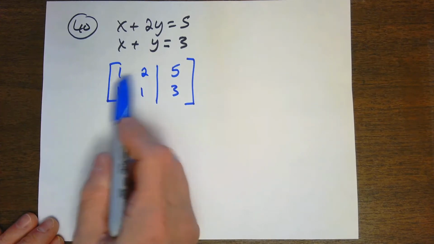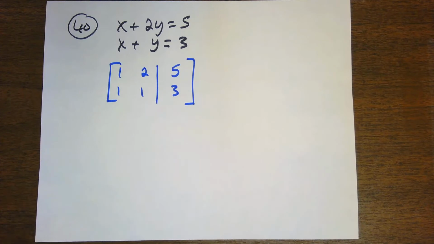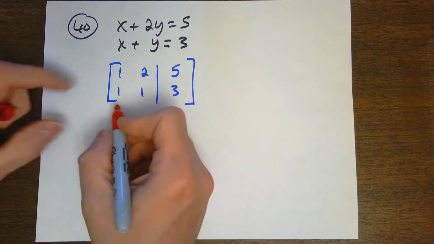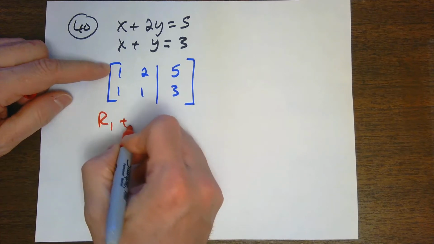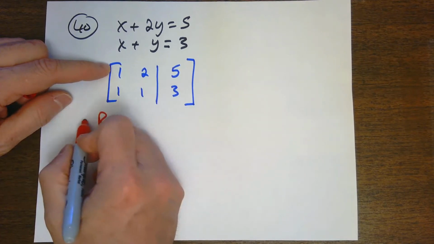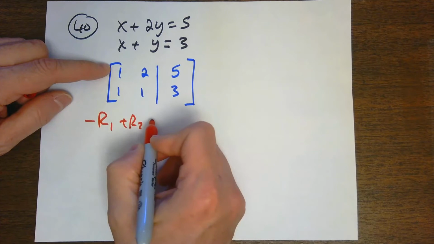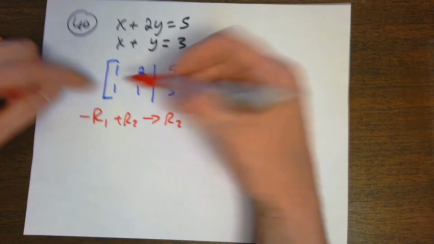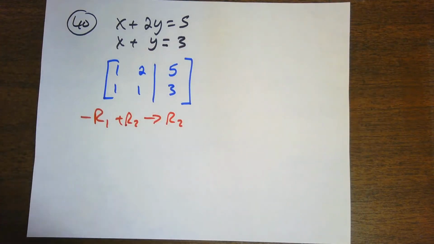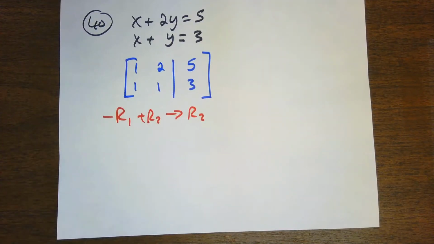And I'm going to do it by using row operations where I can use row 1. I am going to do negative row 1 plus row 2, and put it in for row 2. The negative of that plus that. That'll give me the 0. All right, hit pause. Try it.